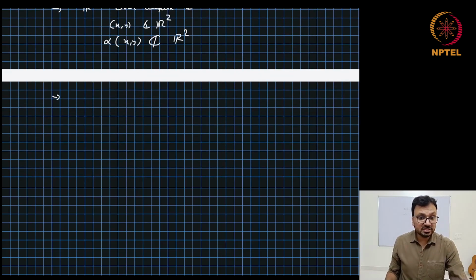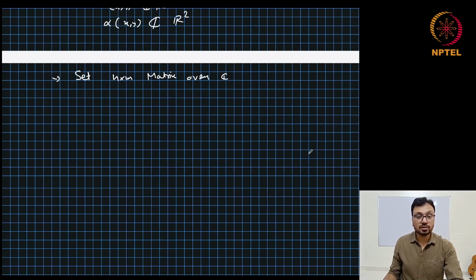Another example, which will be very useful for us, is the set of all n by m complex matrices over the complex field, which is also a vector space. If we take matrices M1 and M2 from this set, then M1 plus M2 will also be an n by m complex matrix. If we multiply with alpha 1 and alpha 2, it's also from the same vector space, the same set.